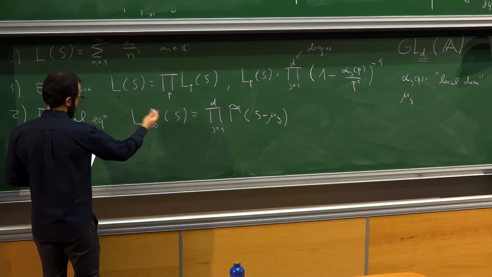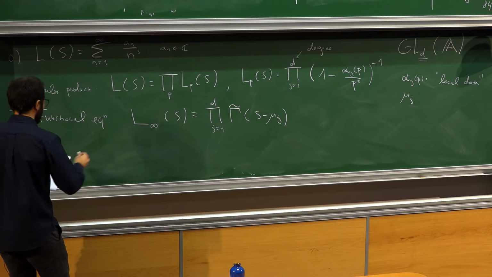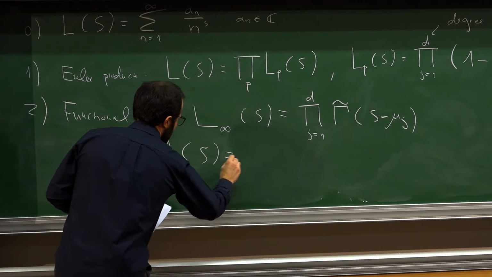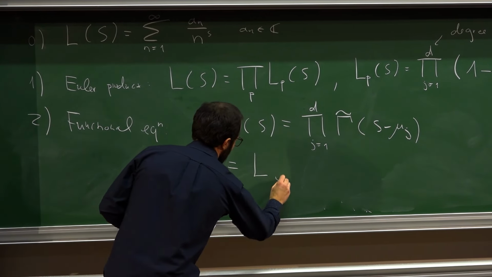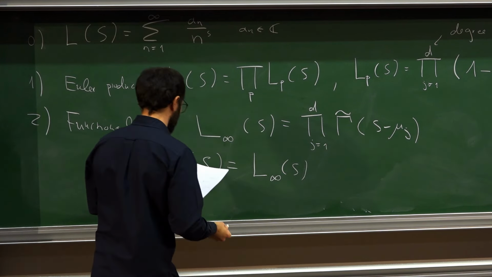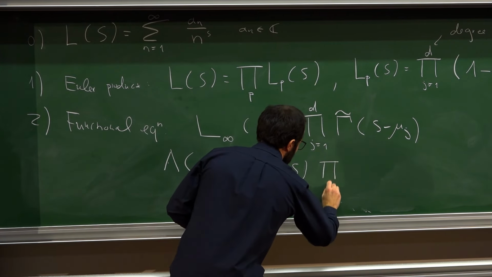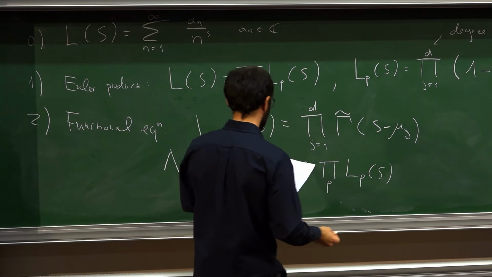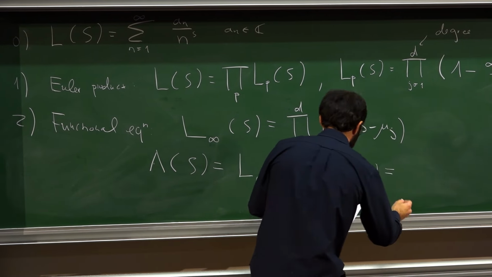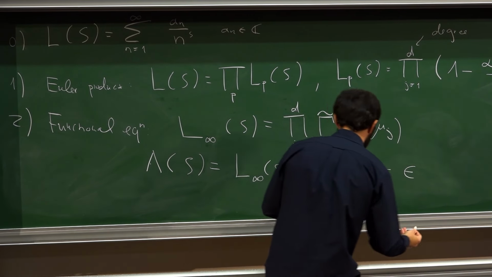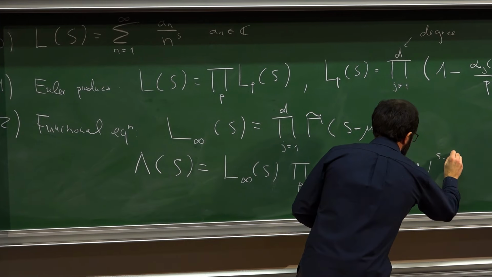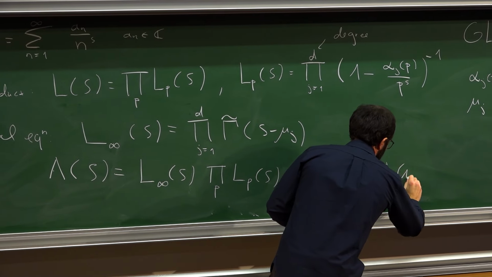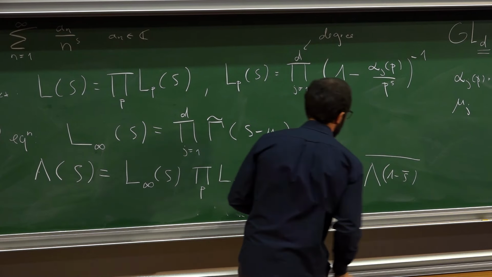But okay, now what's the point? The point is that if you define this completed L function as the product of the infinite L and these L_p's, then this satisfies the functional equation with some number epsilon, some number N, and okay, I think something like that.